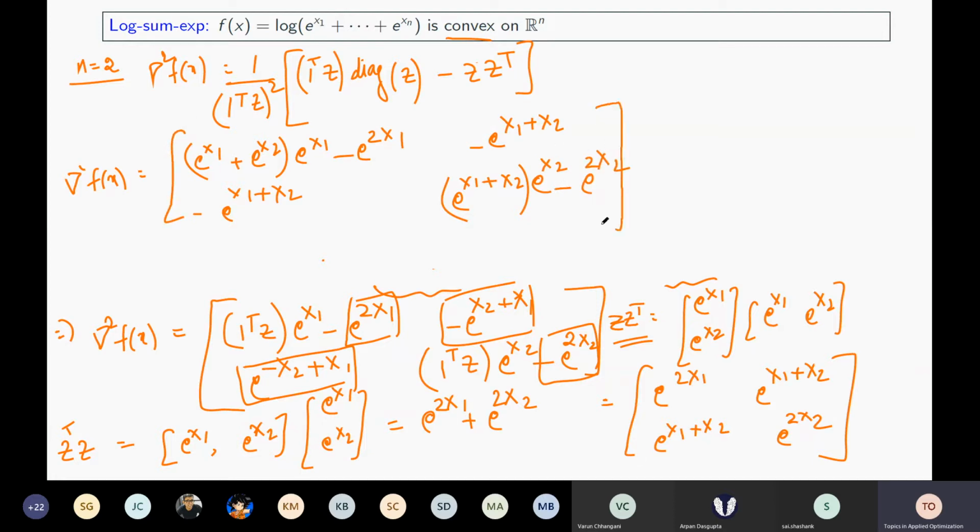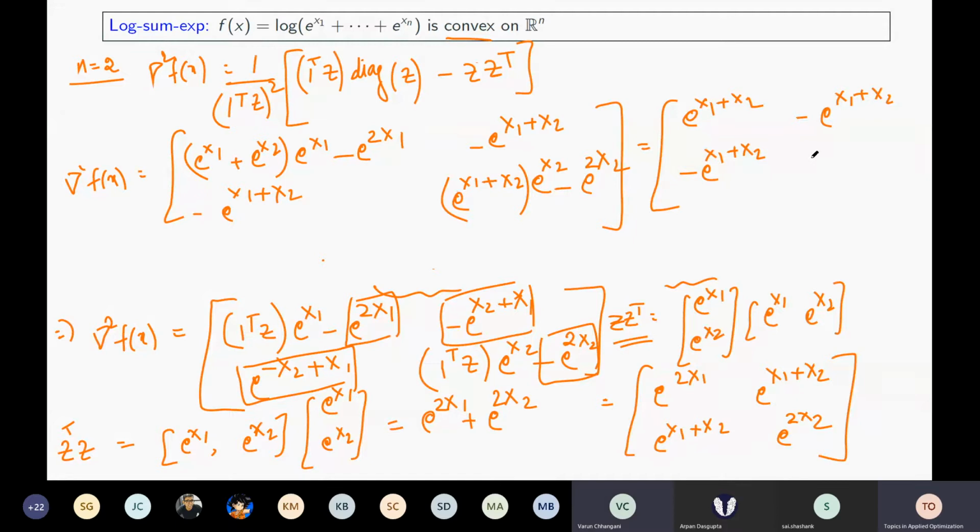Okay, so what Arpan is saying is that e^2x1 will get cancelled here, e^2x2 will get cancelled here. So if that is the case, then what we have here is e^(x1 plus x2). This is the simplified form, right? So minus e^(x1 plus x2), and here again minus e^(x1 plus x2), and then here e^2x2 gets cancelled.